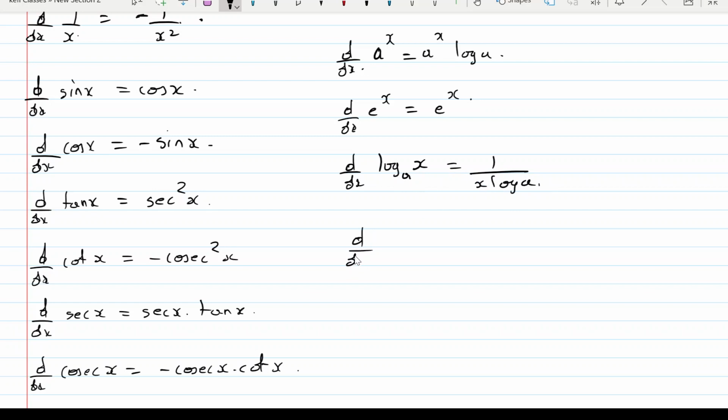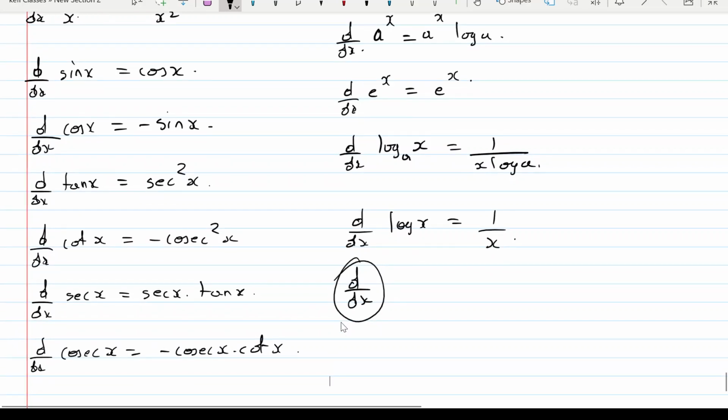D by dx of log x is equal to 1 upon x. What else is left? I think it's done. The inverse trigonometric ratios will come next year. If something is left, it is left, okay? So these are the formulas.